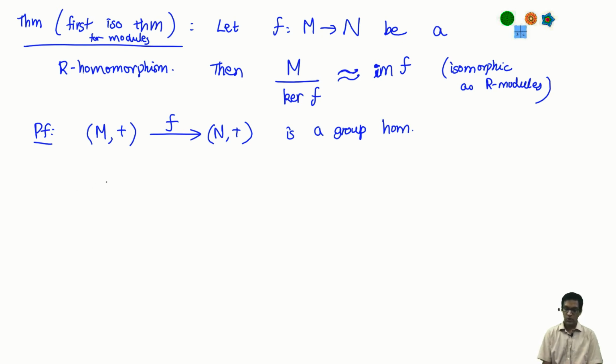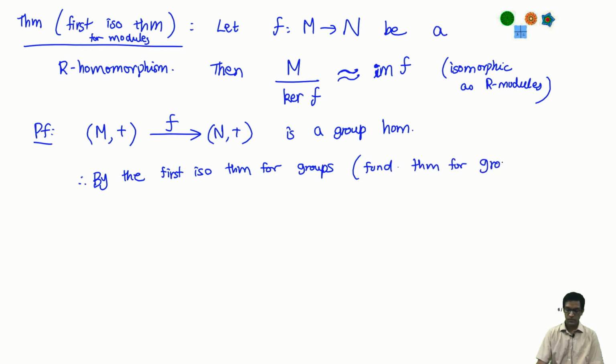So the kernel is exactly the kernel in the sense of groups, and therefore by the fundamental theorem of group homomorphisms, or the first isomorphism theorem if you wish, first isomorphism theorem for groups, sometimes also called the fundamental theorem of group homomorphisms. So look back on those lectures where this was derived.